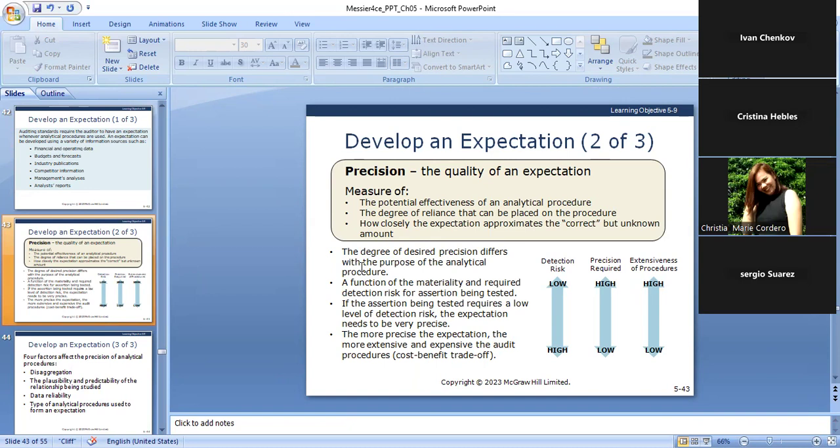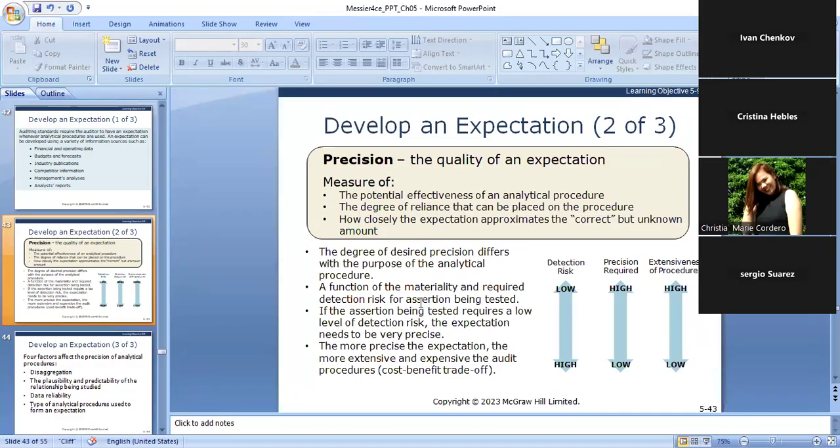Then we're going to go to the quality of our expectation. We're going to measure the potential effectiveness of the analytical procedures, the degree of the reliance, and how closely the expectation approximates the correct but unknown amount. Again, we're looking at the degree of desired precision, a function of the materiality.